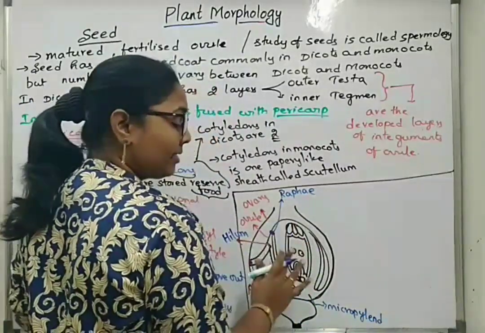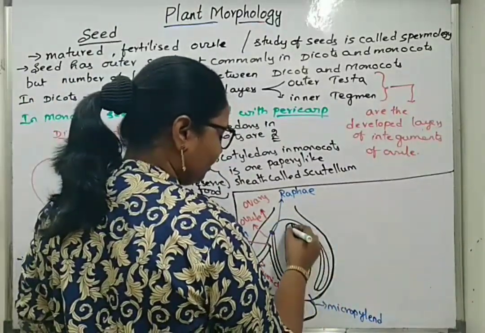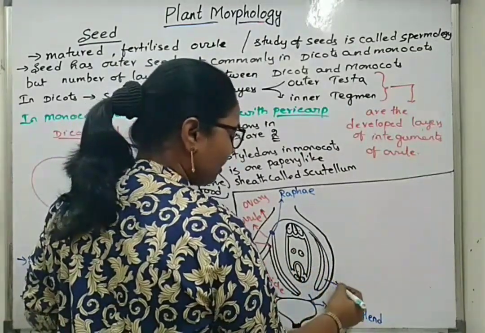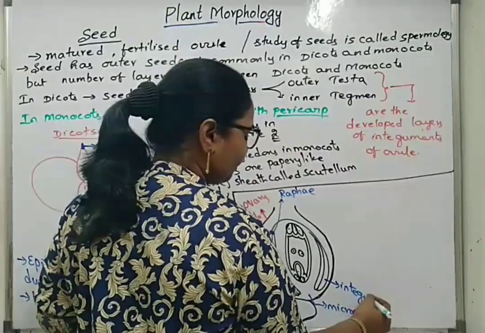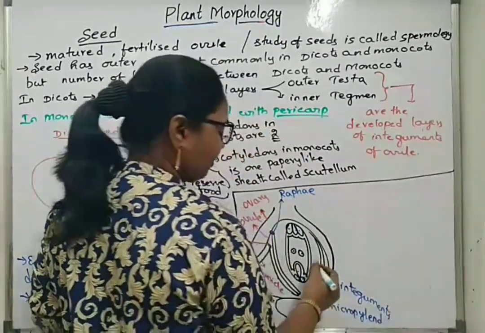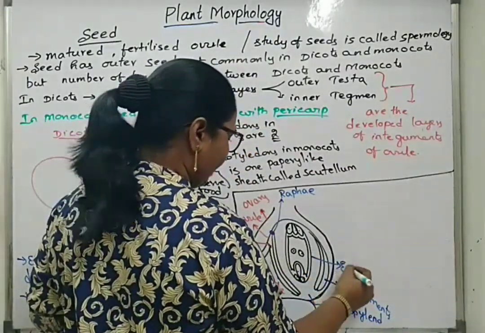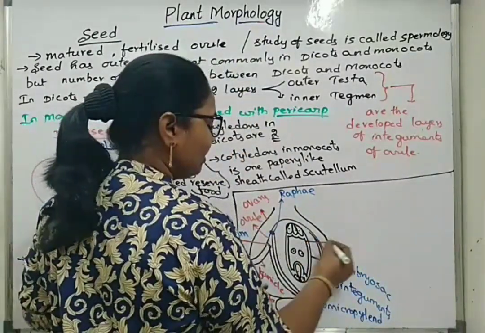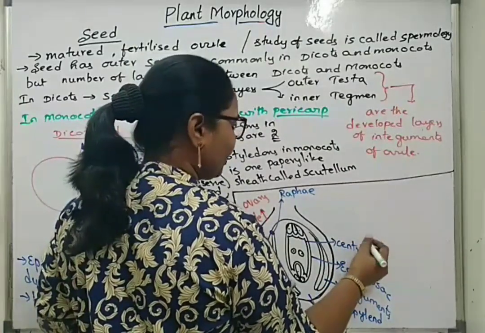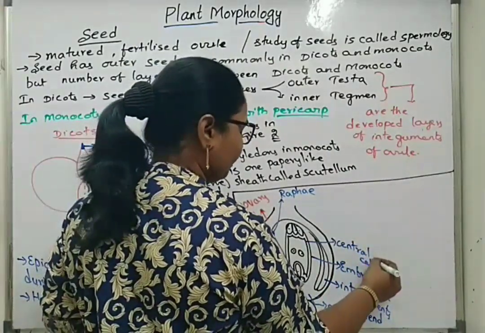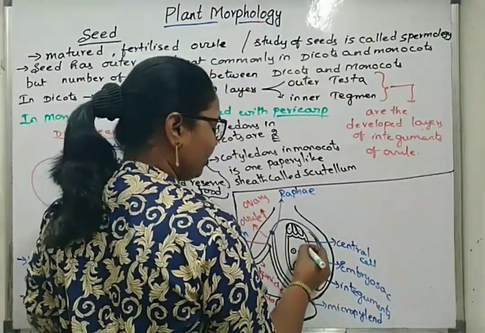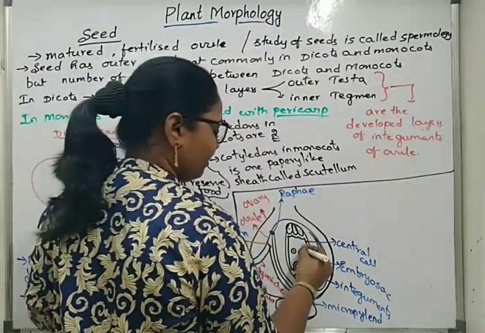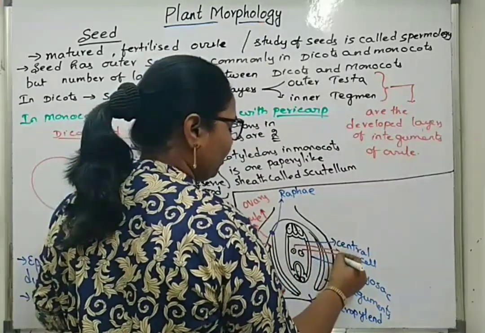This is typical anatropous ovule. These are integuments. This is embryo sac. This is central cell of the embryo sac. These both are polar nuclei.